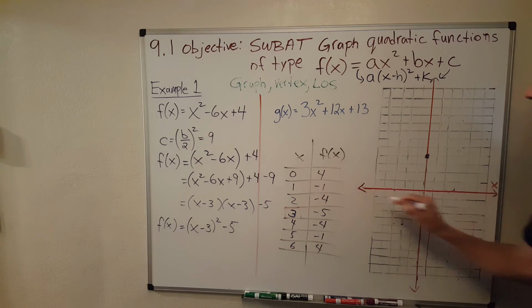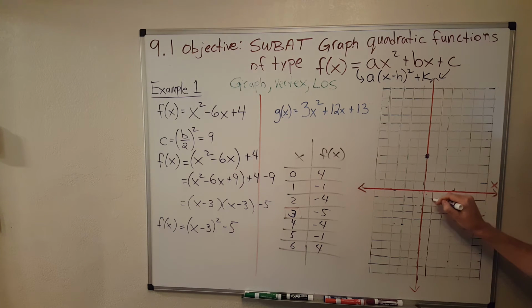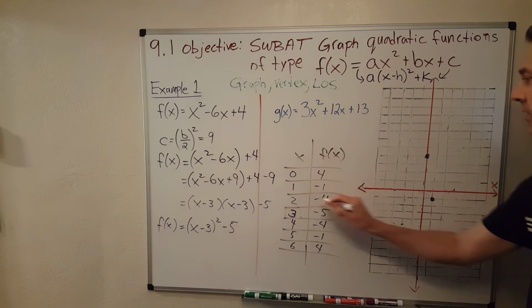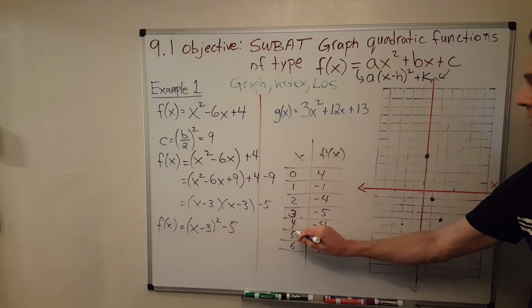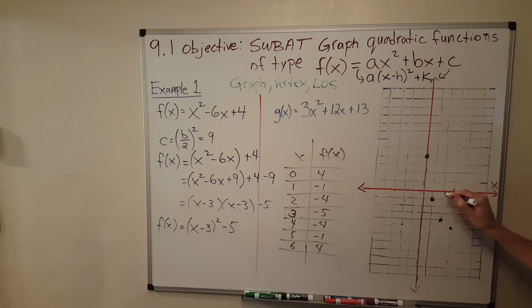All right, 1, negative 1, right there. 2, negative 4. 3, negative 5. 4, negative 4. Right there. And about there.